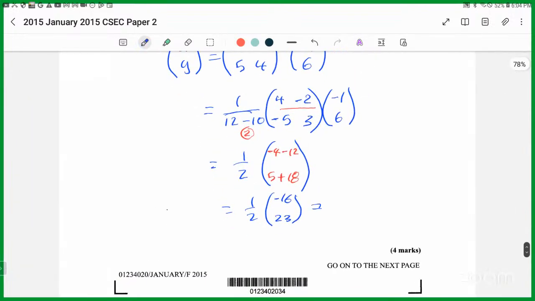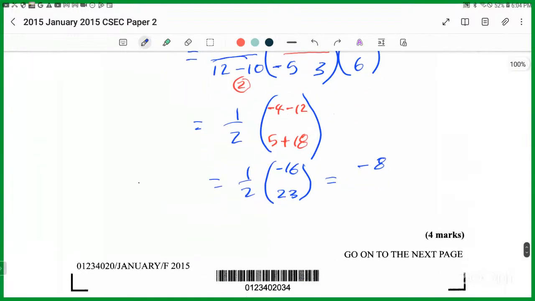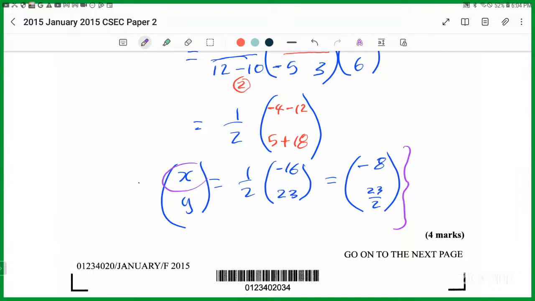This becomes negative 8. This is 22 over 2. That is the x and y. We can leave this as the answer. So the x is equal to negative 8. Y is equal to 22 over 2.